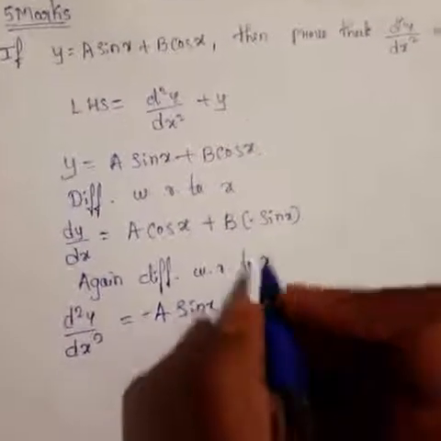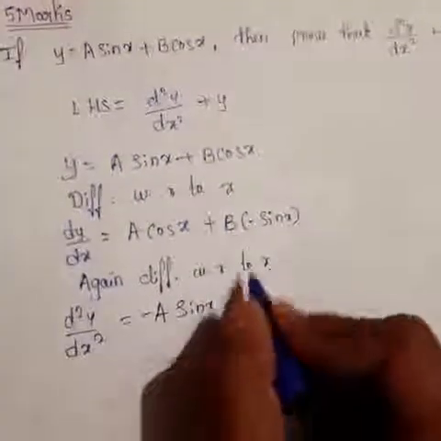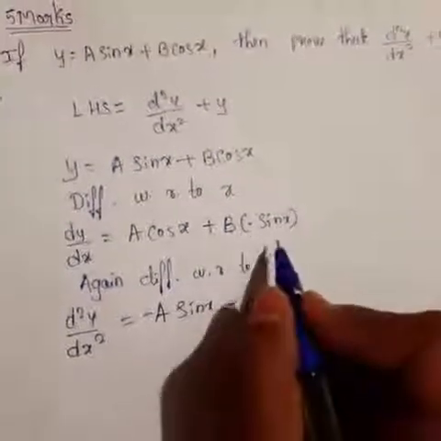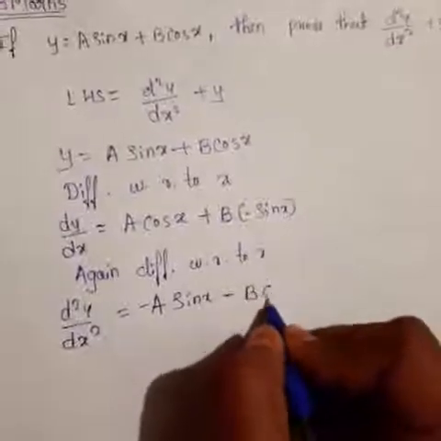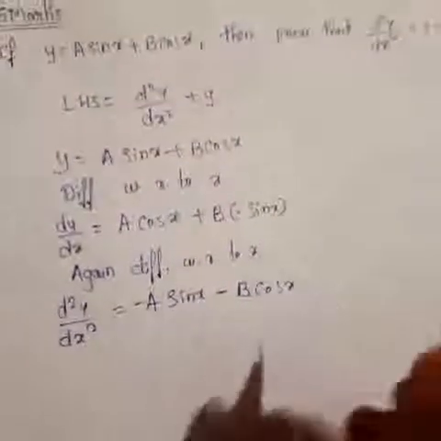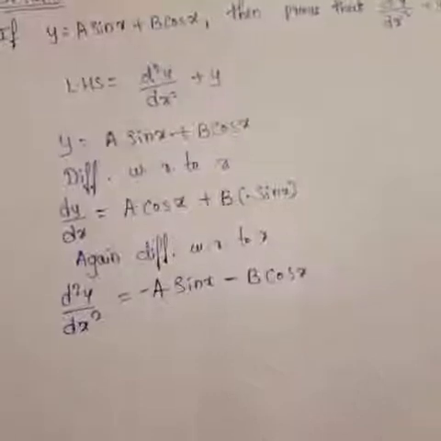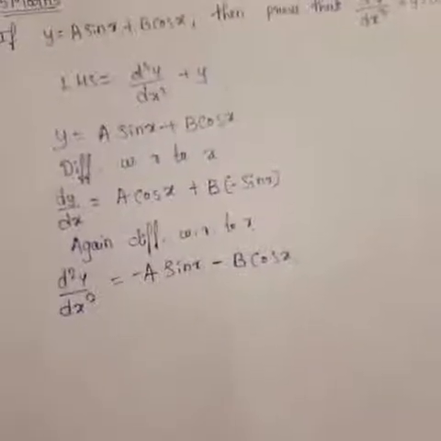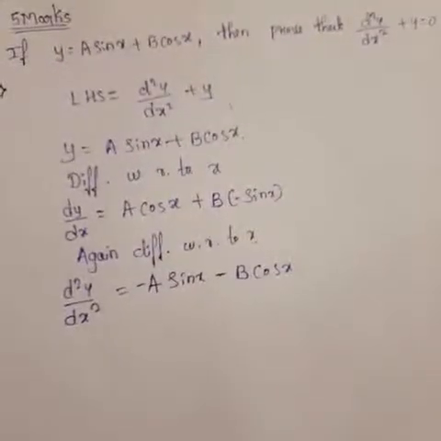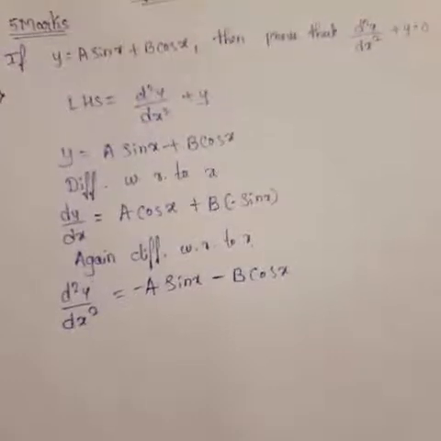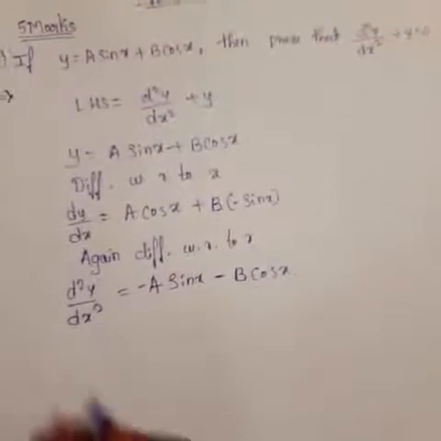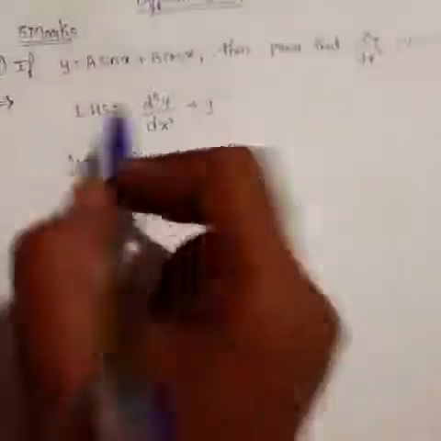Minus is outside, minus into plus, minus. b is a constant, the differentiation of sin x is plus cos x, as it is. Now you got d square y by dx square is equal to minus a sin x minus b cos x, and how to put this value in your LHS part.